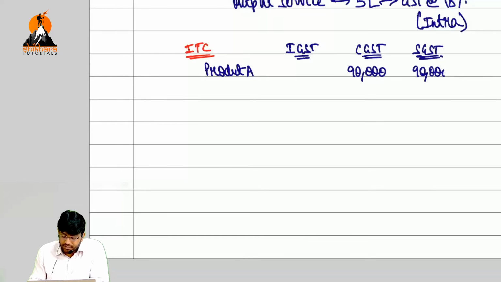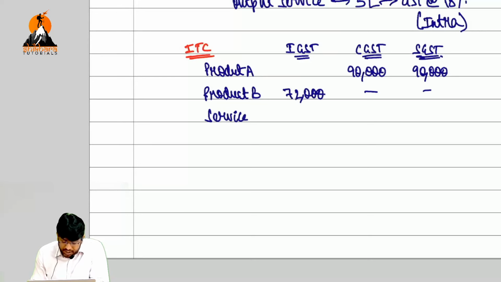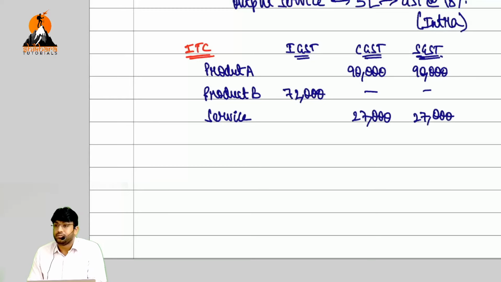Then product B. 72,000. IGST 72,000. Then input service 27,000. Very good. Then that's all. Car, I'll write it as blocked.